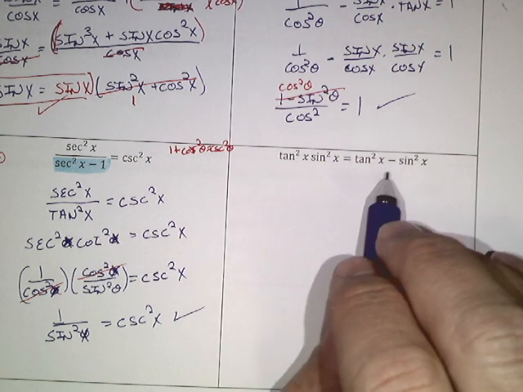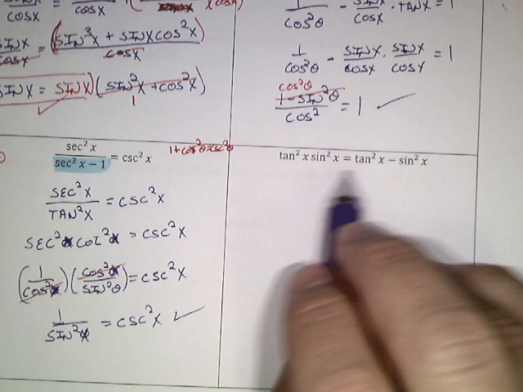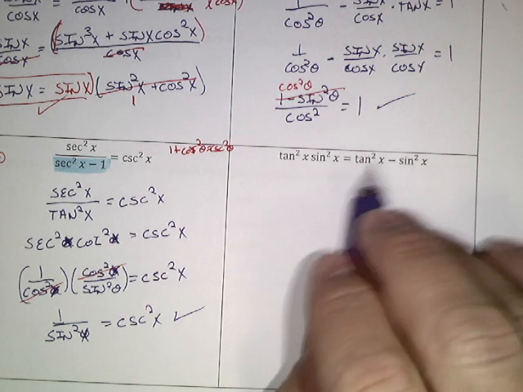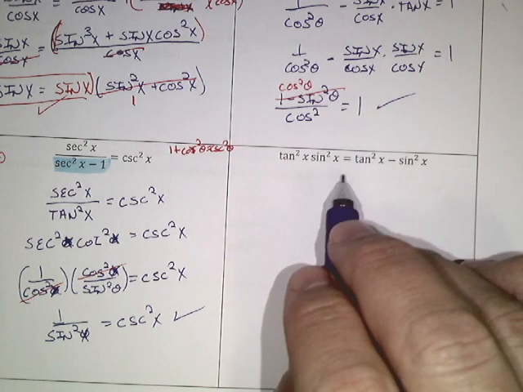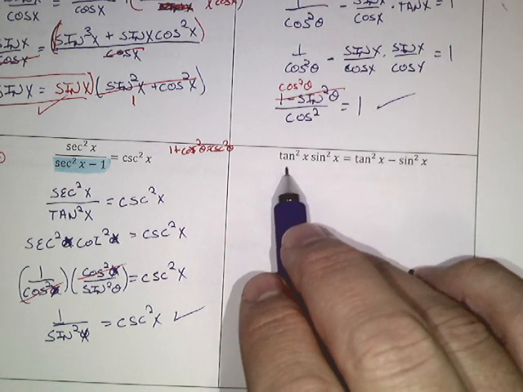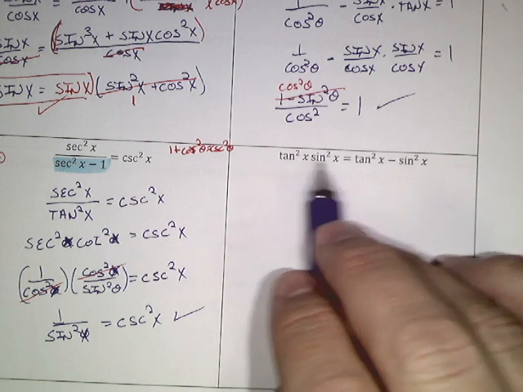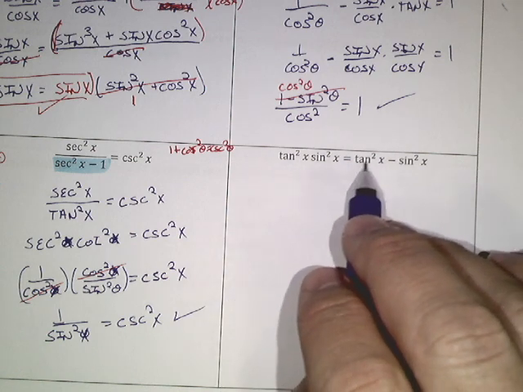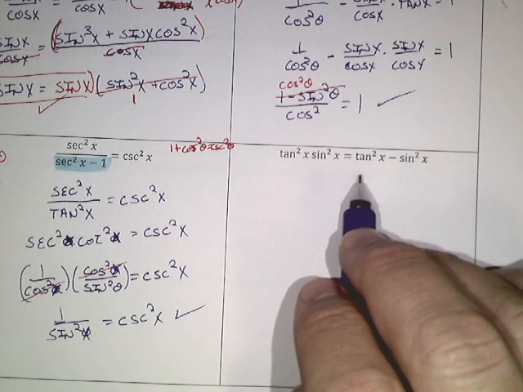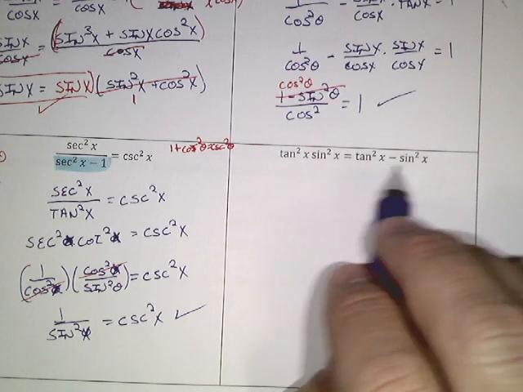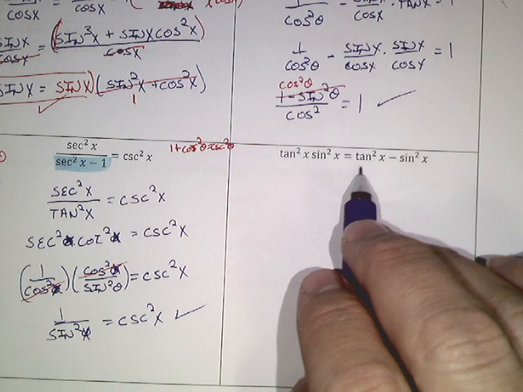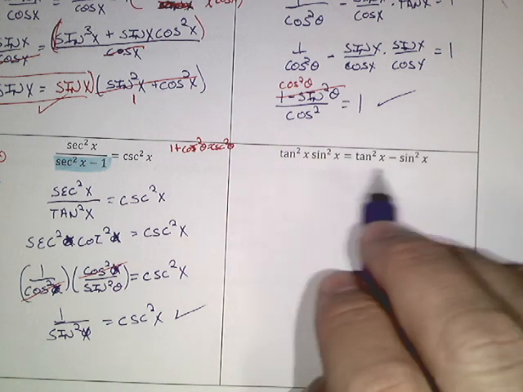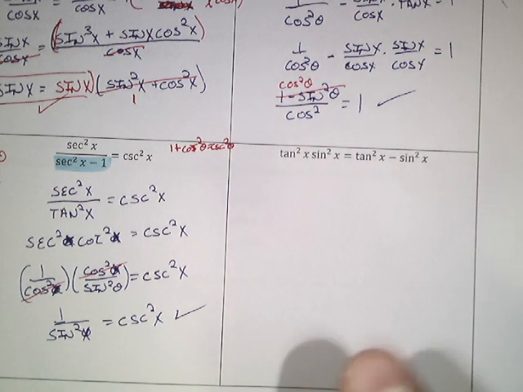What do I want to do here? I got some subtraction. I got difference of squares right here. Where do I want to start?